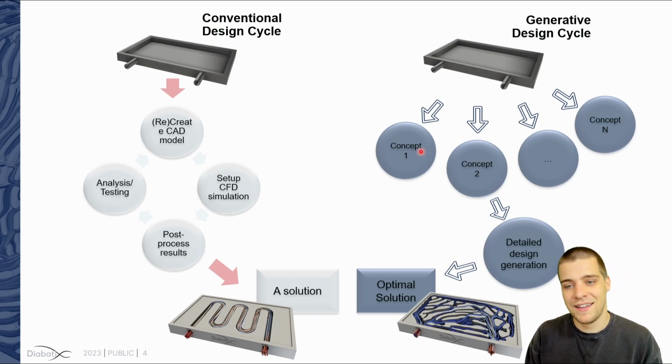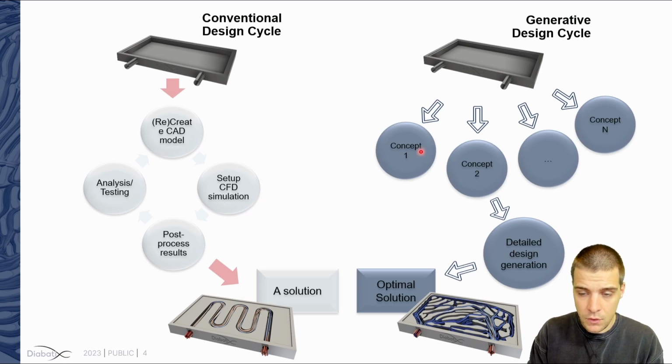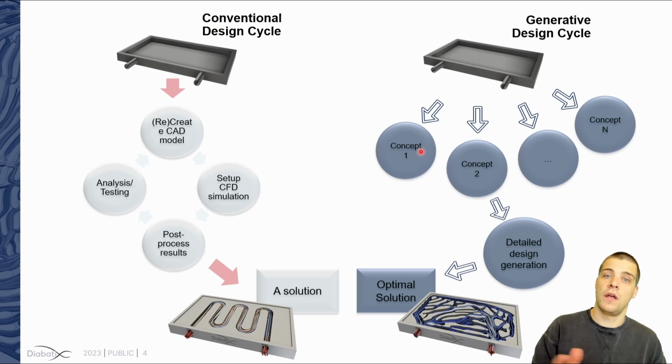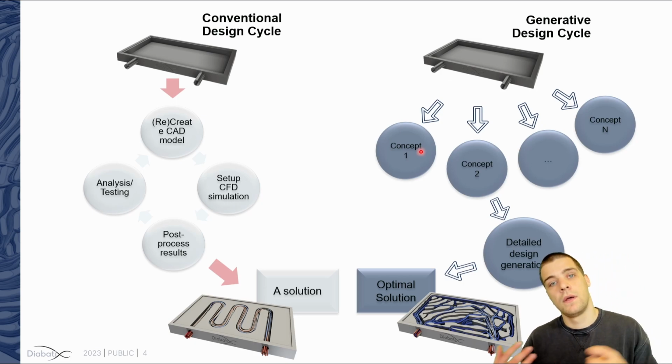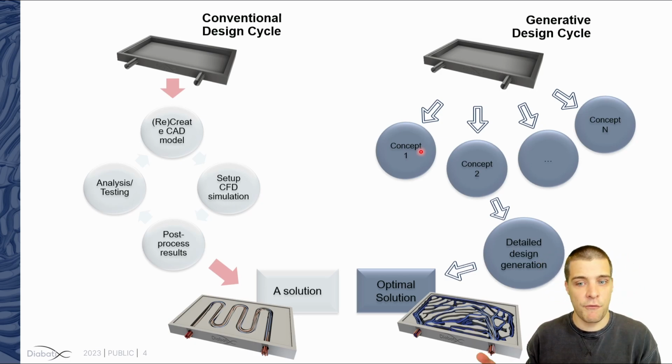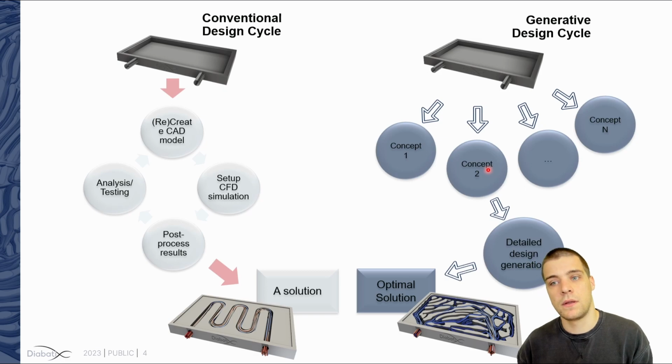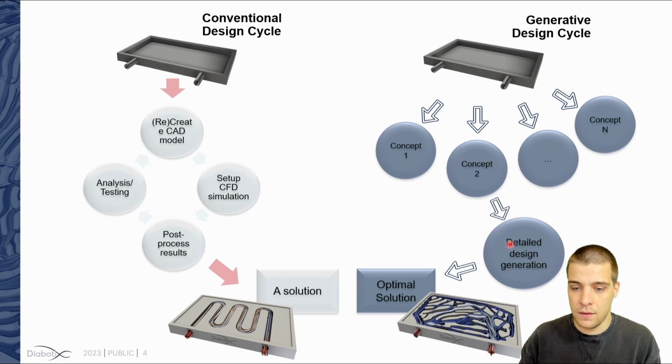Usually not, but it gives the designer, the thermal engineer, already a very good understanding: if something changes to the geometry, how does that impact the performance? And the designer then has the capability to choose one of those concepts and work it out in a more detailed manner, to get the most optimal solution for that application, as I mentioned earlier, in an automated fashion.